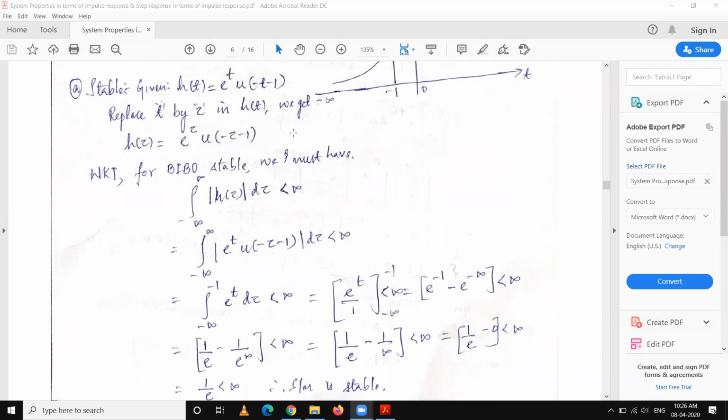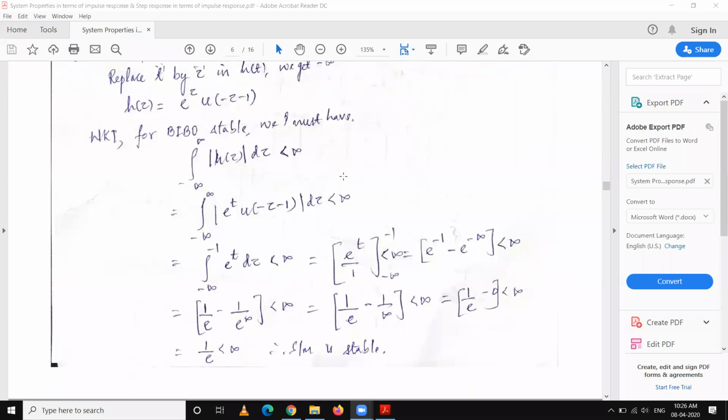Similarly, if it is 1 to infinity, we can write integration from 1 to infinity. So in this case the limit is from minus infinity to minus 1.